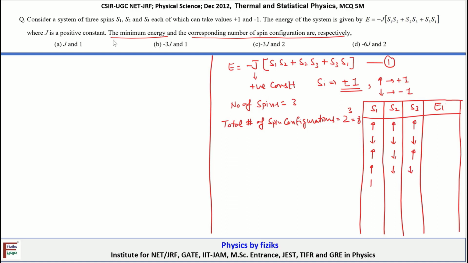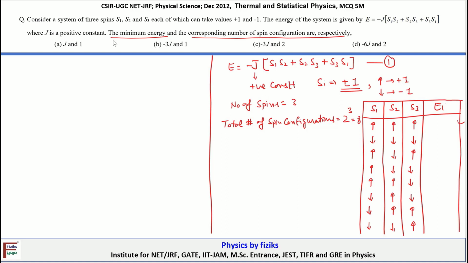Then the first 2 pointing upward and the third one downward. The next possibilities are down, up, down; down, up, up; and down, down, up.